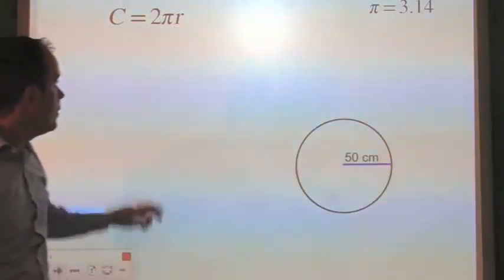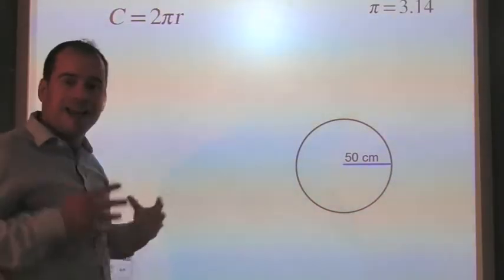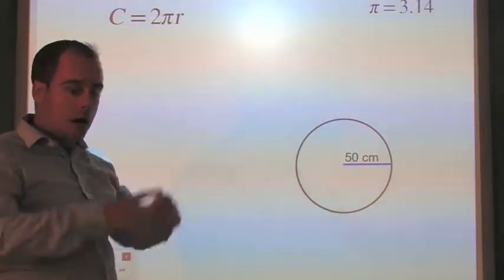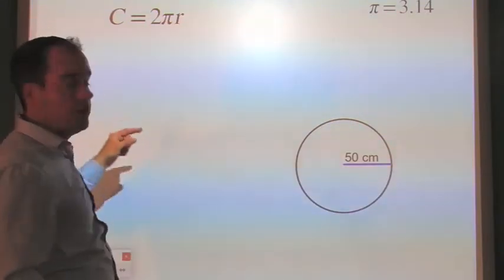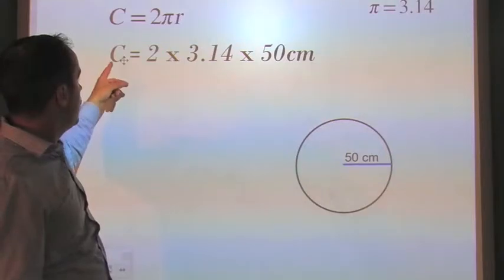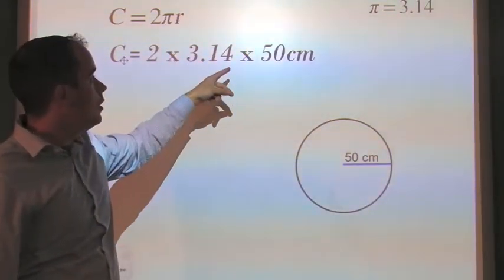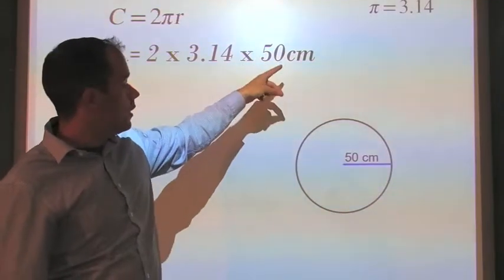Now that we know that, and we know the formula, we can put the values in and figure out just how big around this wheel is. Circumference equals 2 times 3.14 times the radius, which is 50 centimeters.